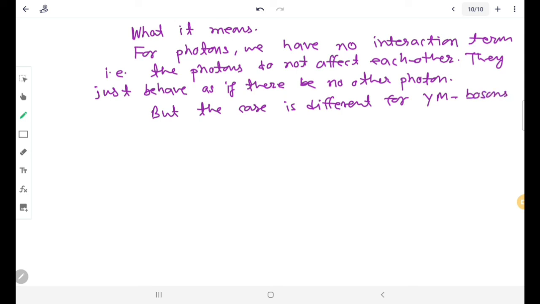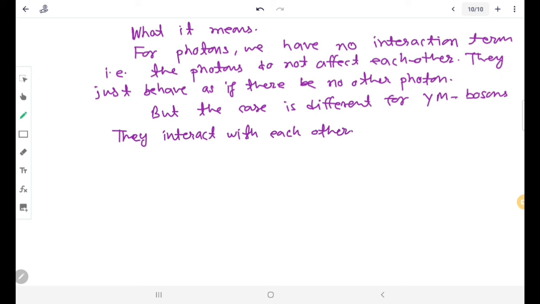So Yang-Mills bosons, they show what? They show that they interact with each other. If there are 3, then they will interact. If there are 4, then also they will interact.